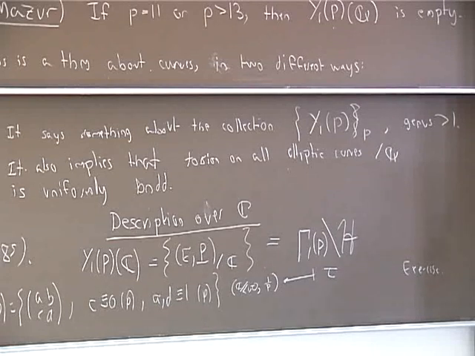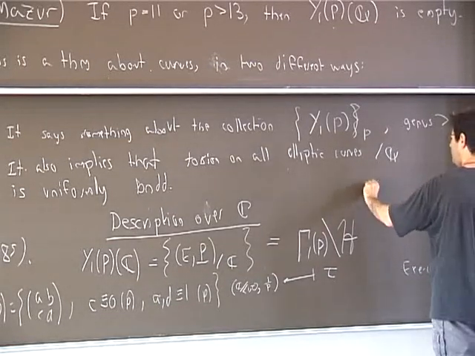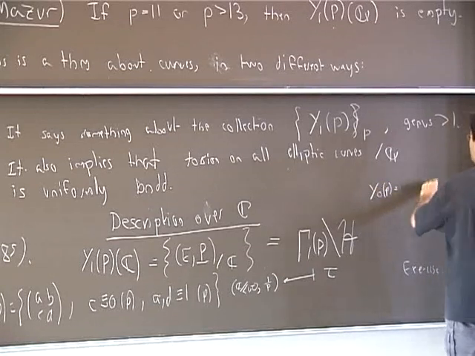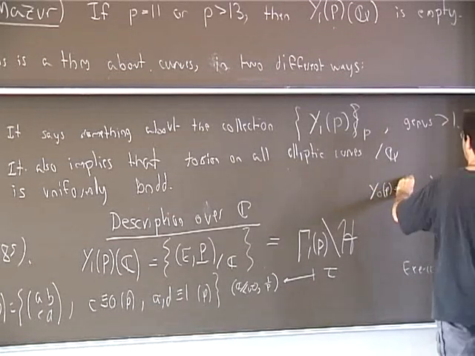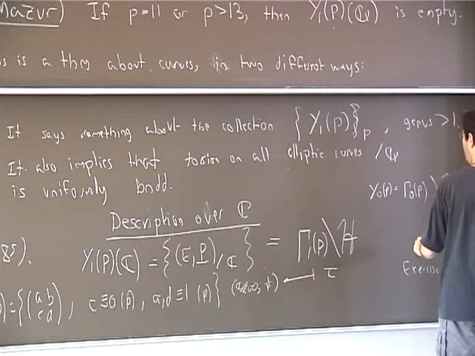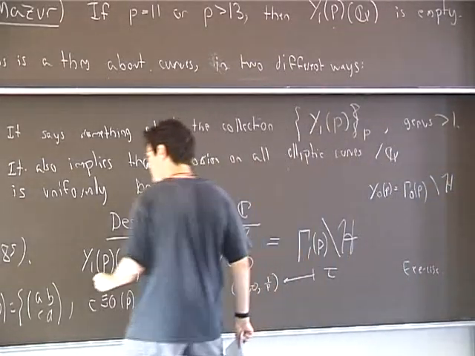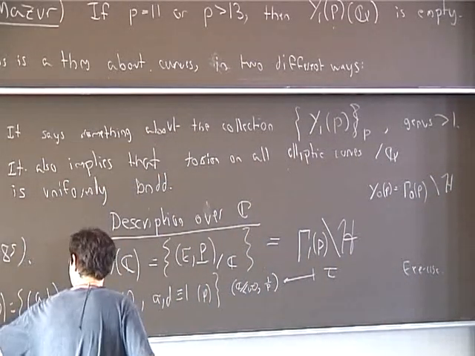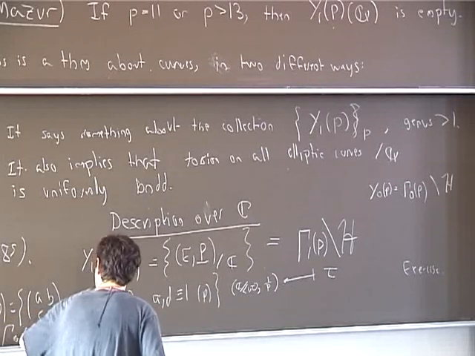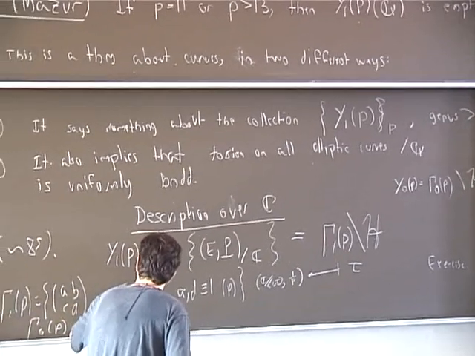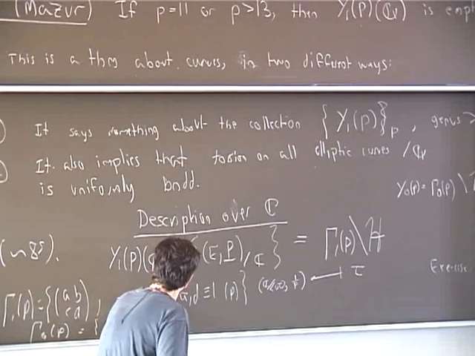Okay, and then likewise we have an identification of Y_0(p) with H modulo Gamma_0(p), where Gamma_0(p) is the same thing, but we don't require that we have the same kind of group. We just look at the matrices which are upper triangular modulo p.